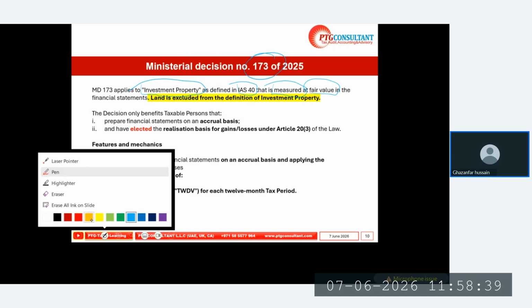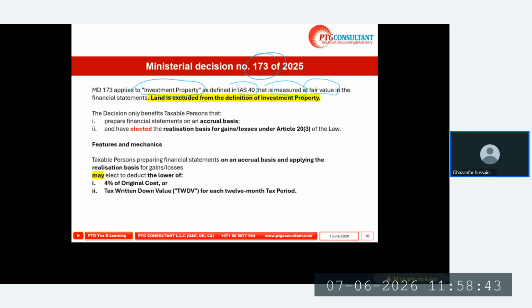Because this is the important understanding. When we look at Ministerial Decision 173, first we have to see, as per the accounting standard, which properties are classified as investment property, right?